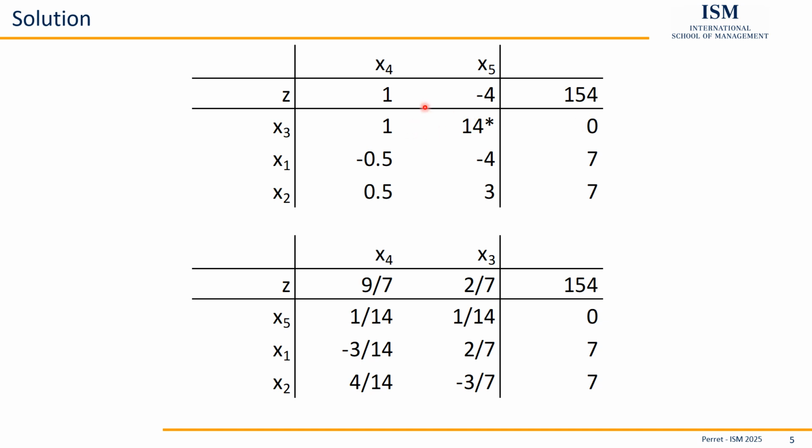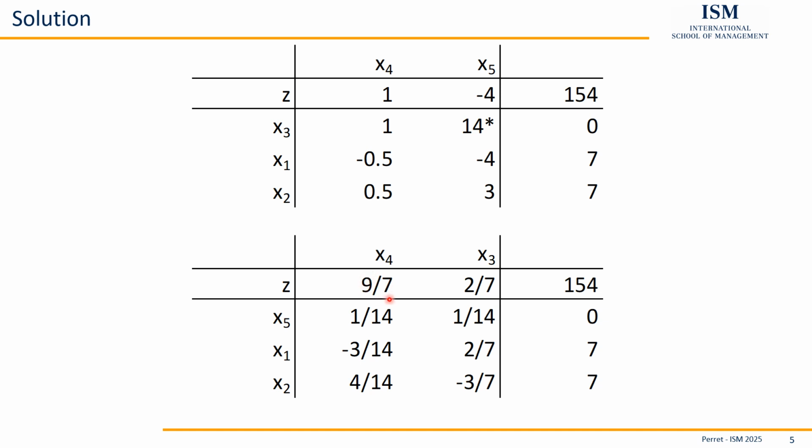So I start with the recalculation of the other values. I start with this 1, giving me this rectangle. So 1 minus 4 times 1 divided by 14. Minus gives plus. So 1 plus 4 14ths or 2 7ths gives me 9 7ths.